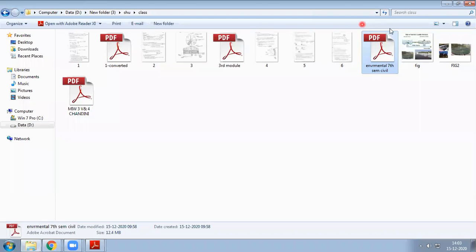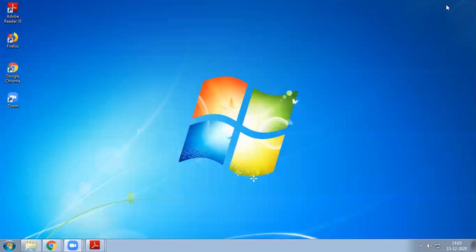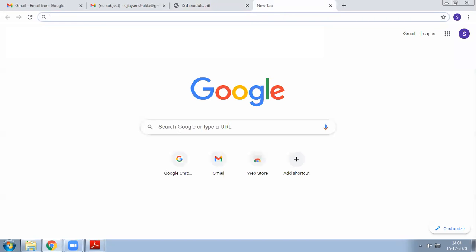Then I will try to take you to the internet to show how it looks. I will take you to Google. So I covered the sludge digestion tank.